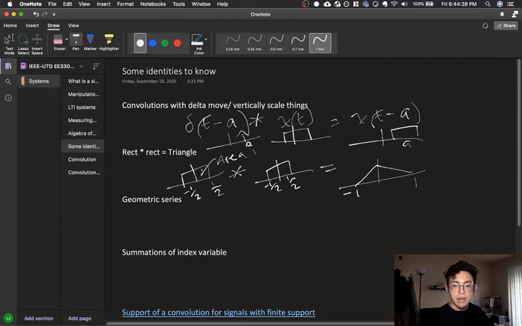And remember that the maximum of these two is 1. So if we multiply these two at their maximum, it would be 1. So this is going to be 1 at its max.